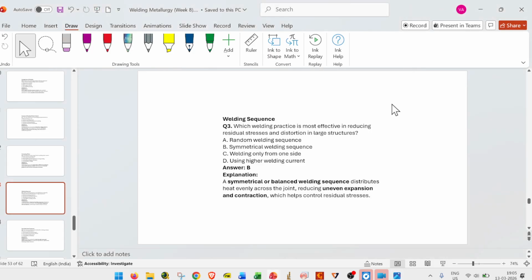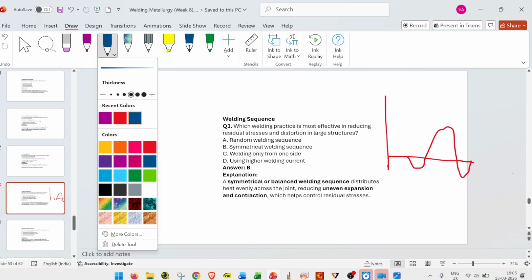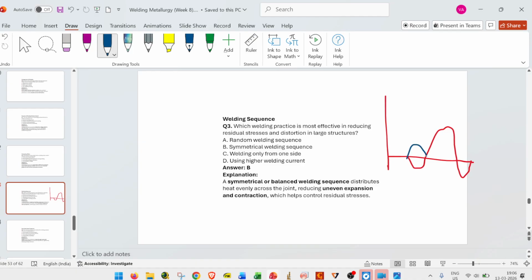How it works is that if the thermal stresses in the weld bead look like this, we provide the thermal heat treatment in the opposite of this one, so that these two will be cancelled out and it reduces the residual stresses.